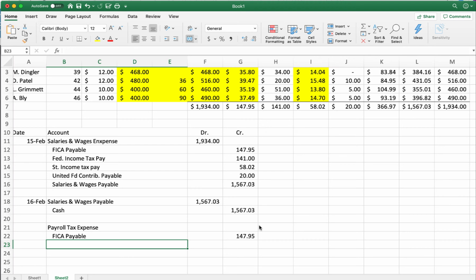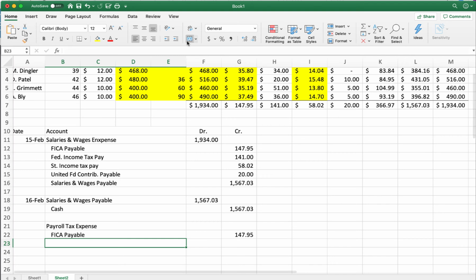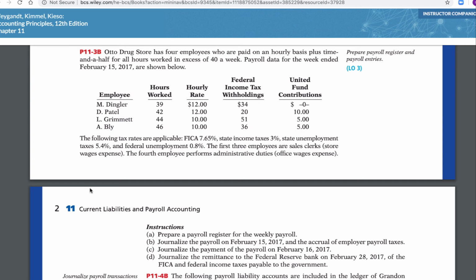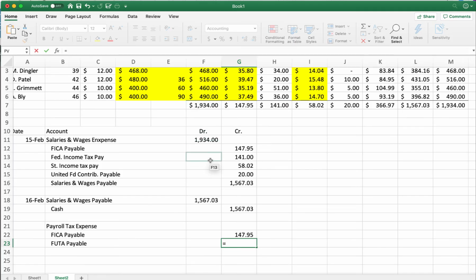The next thing I need to book is my federal unemployment tax, and I'm going to abbreviate that as FUTA. Okay, remember it's a credit, so I need to indent FUTA payable. Okay, what's my FUTA? Well, that's easy. When I go to the problem, they tell me that the federal unemployment is 0.8% of the gross wages.